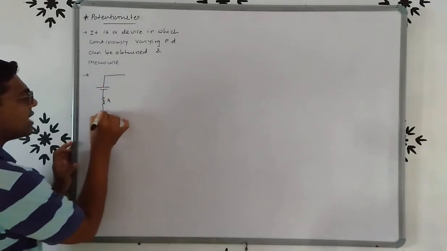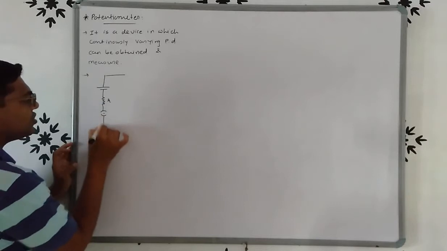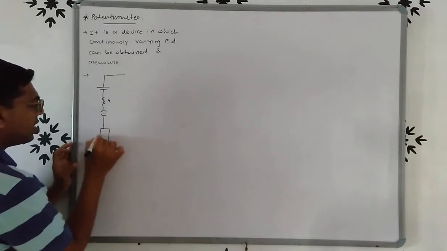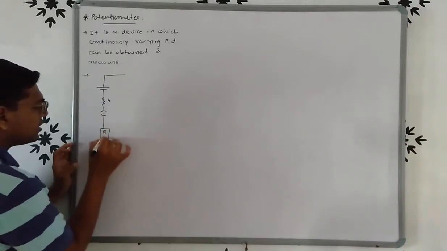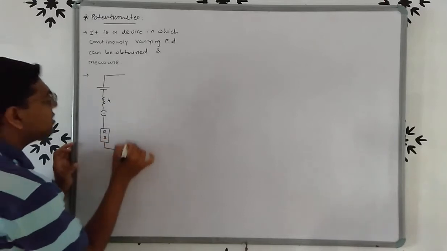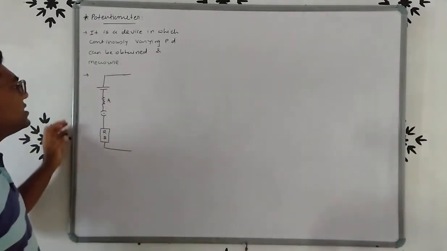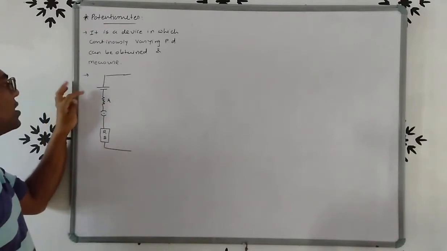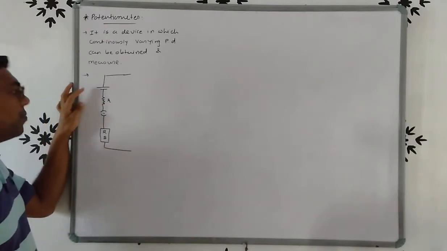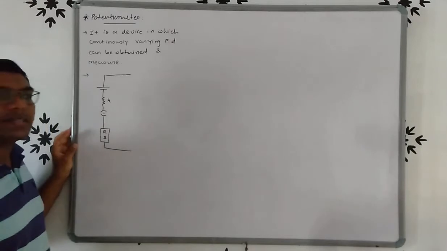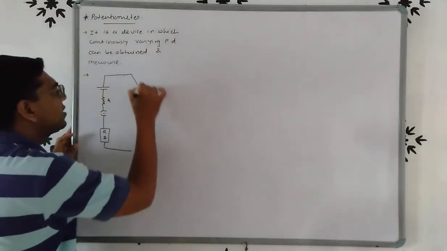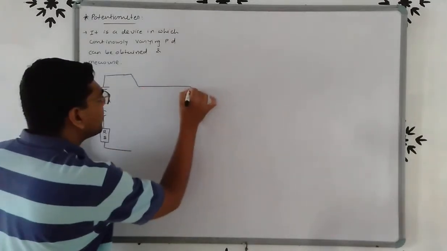So in potentiometer there is a wire which is connected with battery, switch, and resistor box, and the wire is like this.